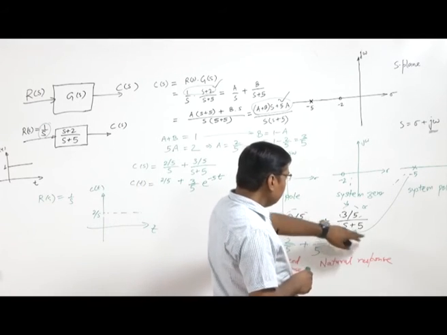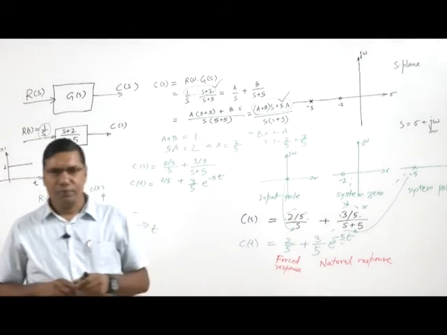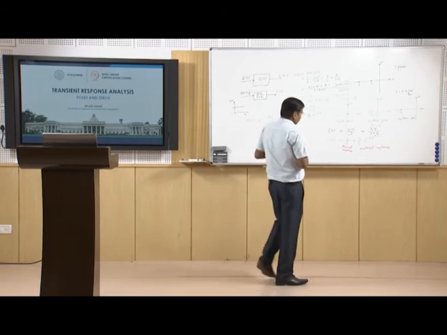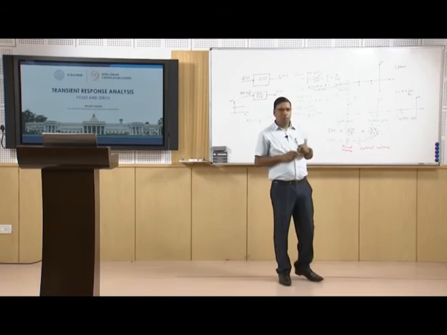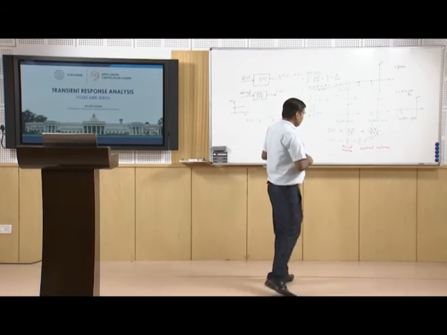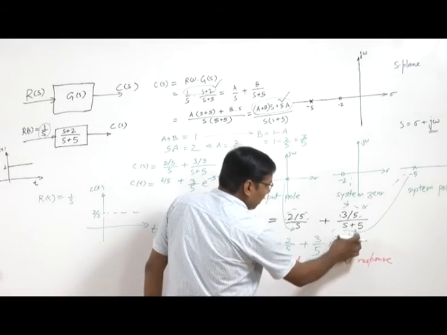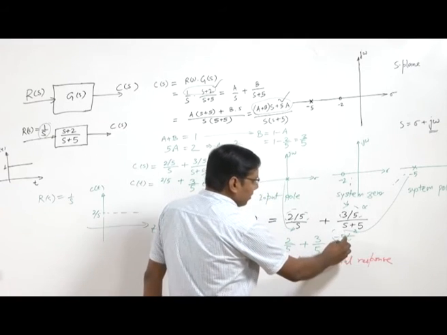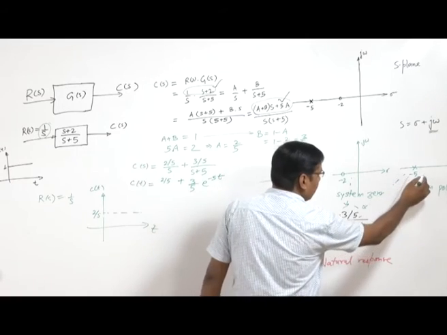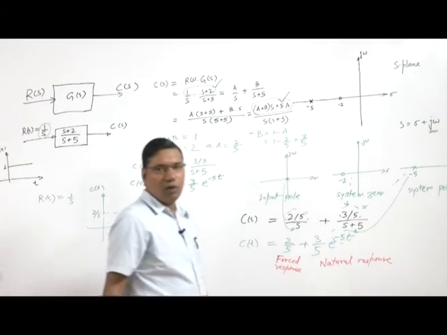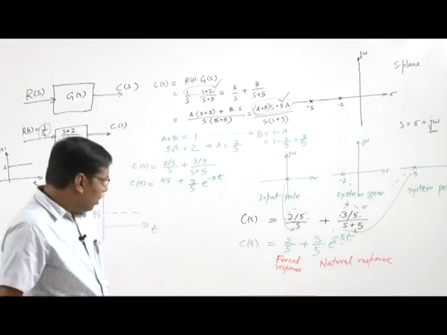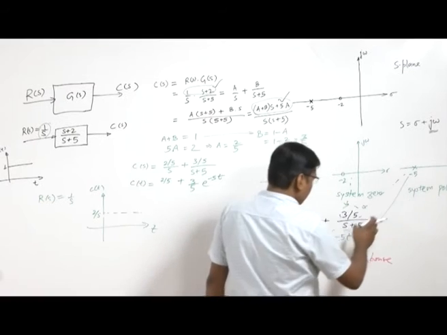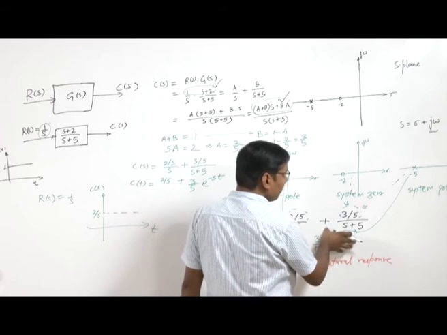Now come to this part. A pole of the transfer function generates the form of the natural response. So the form of the natural response is exponential here, and that is generated due to the pole of the system or the transfer function.